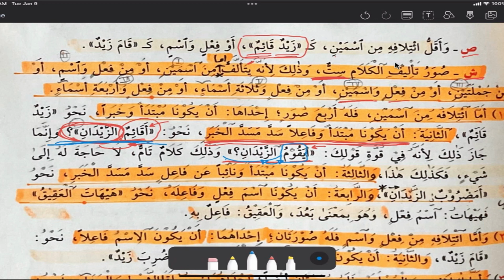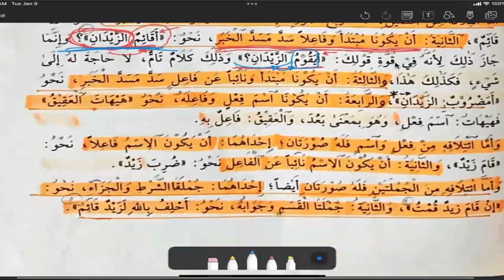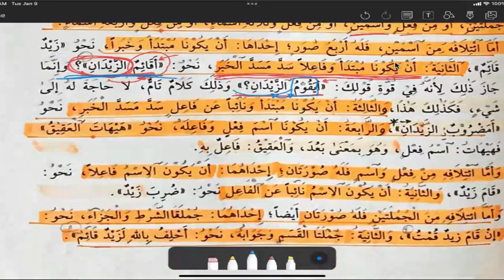It's just unfamiliar to the small fries, the beginners like ourselves. Some scholars said an example of that in the Quran is when Prophet Ibrahim's father said to Ibrahim, أَرَاغِبٌ أَنْتَ عَنْ آلِهَتِي يَا إِبْرَاهِيمُ.